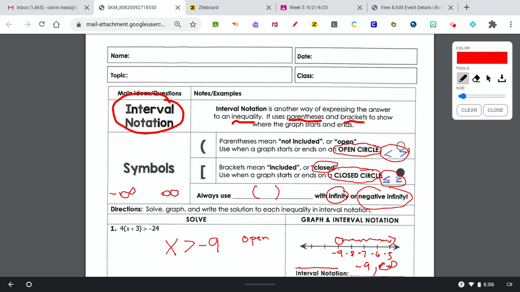If I look up here, if it's an open circle, it's parentheses, and if it's infinity, it's parentheses. That's how we would write our interval notation.